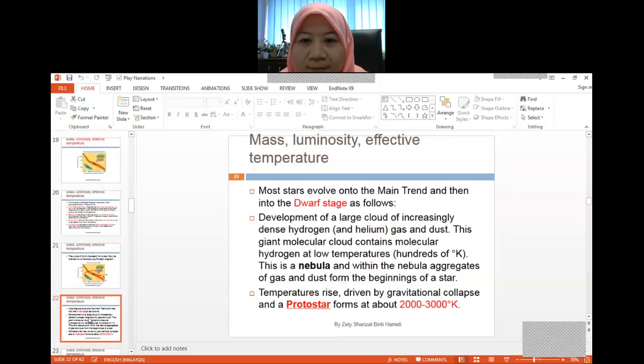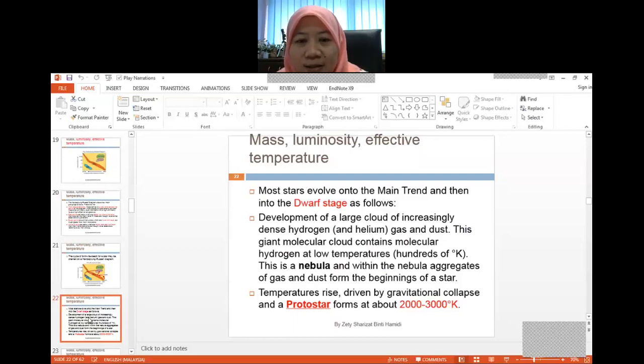We have the main trend, which we call the dwarf stage. In this case, there is the development of large clouds of increasingly dense hydrogen, which is converted to helium at a certain stage. It starts with gas and dust, with a starting temperature of just a few hundred Kelvin. This is what we call giant molecular clouds. Then it moves up to the nebula, which is actually also an early stage of stars.